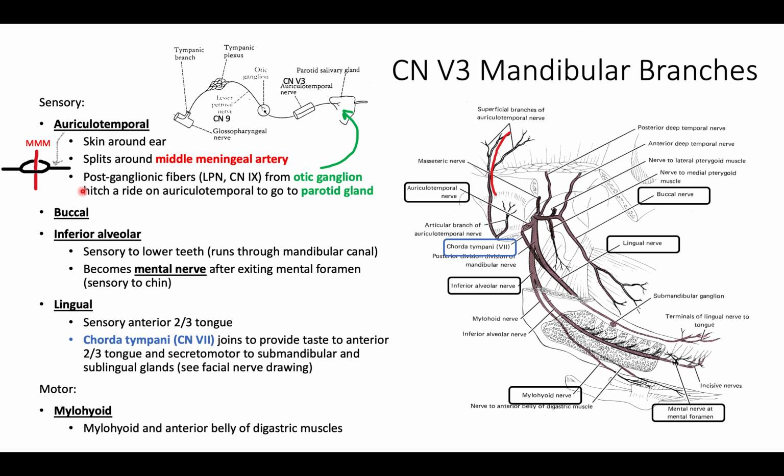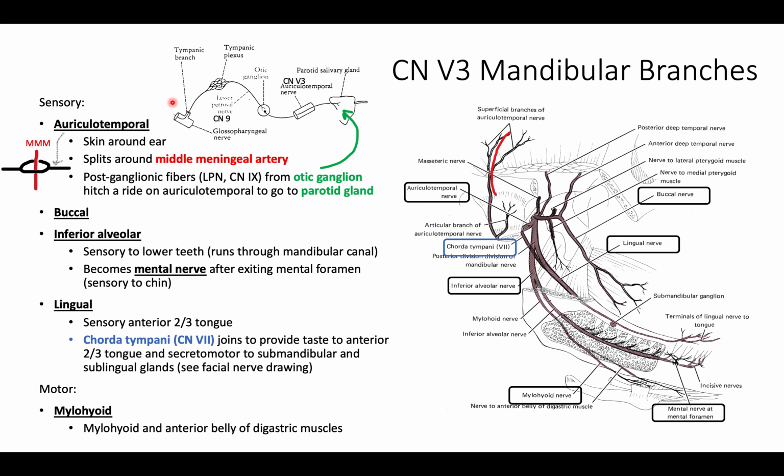And then also there's going to be postganglionic fibers of the lesser petrosal nerve and cranial nerve 9 that's going to travel from that otic ganglion with the auriculotemporal nerve, cranial nerve V3. So let's look at that, and it's just hitching a ride on there.